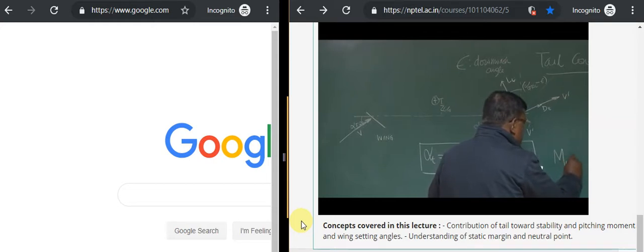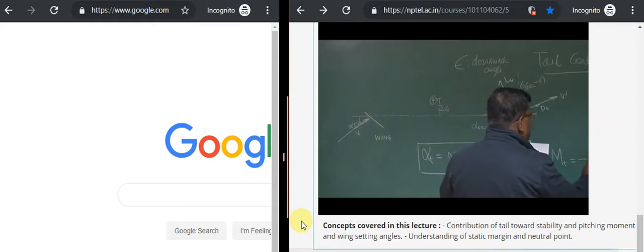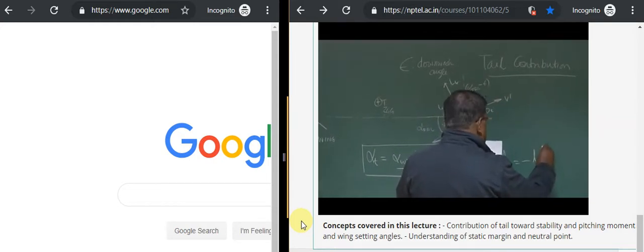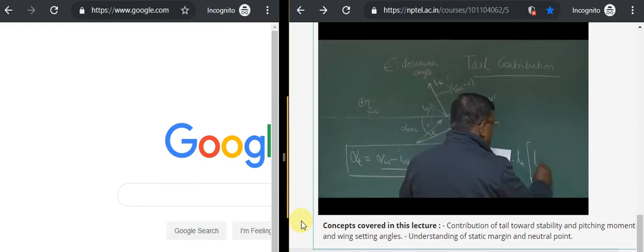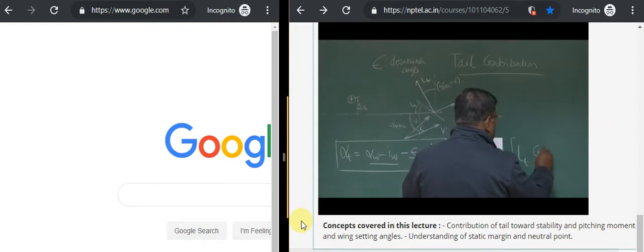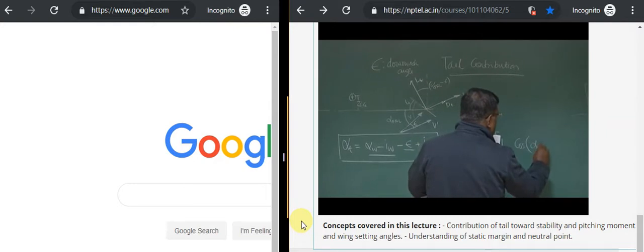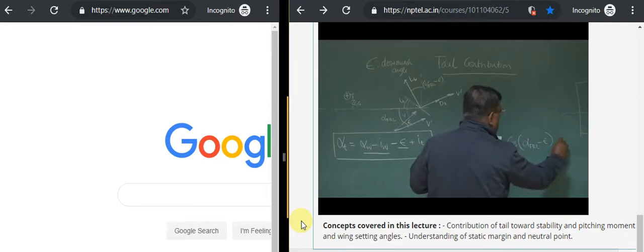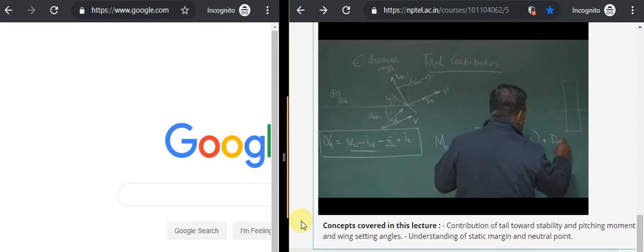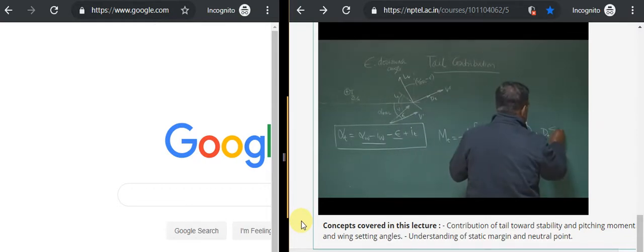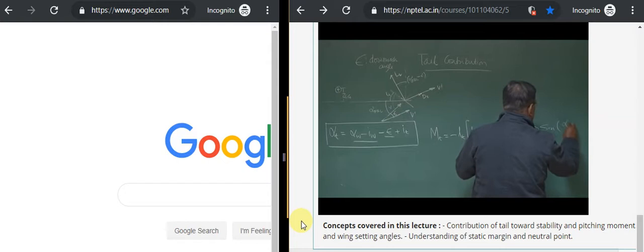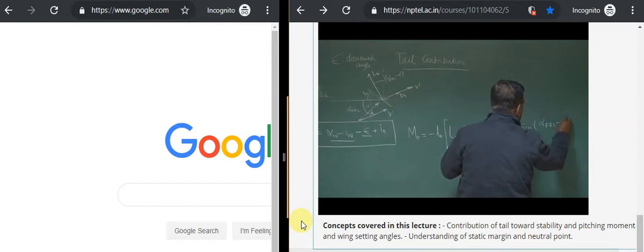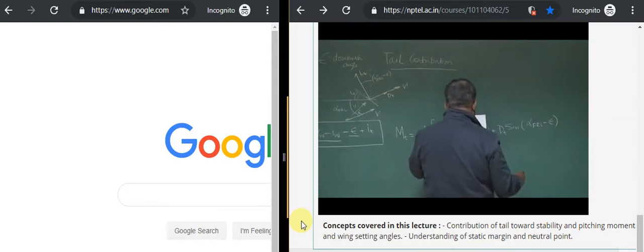Let me write the expression for MT, the moment because of the tail. It is LT into cos of alpha FRL minus epsilon plus D tail sine of alpha FRL minus epsilon. Okay?